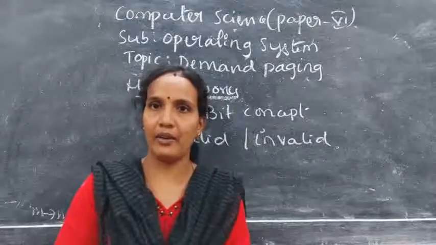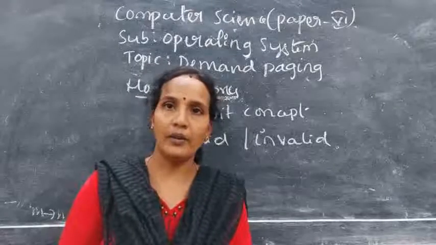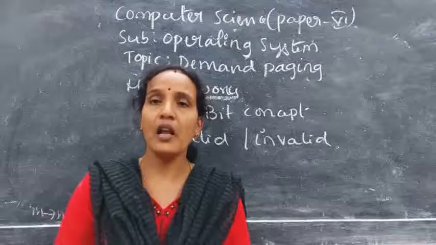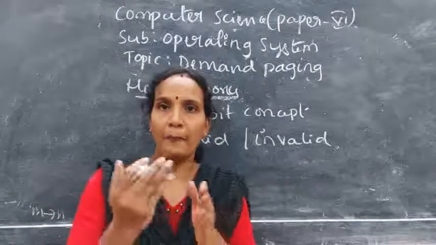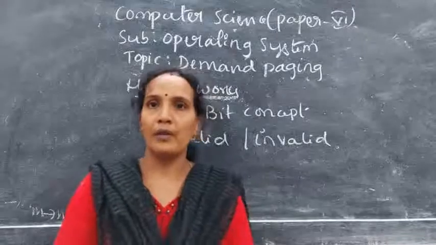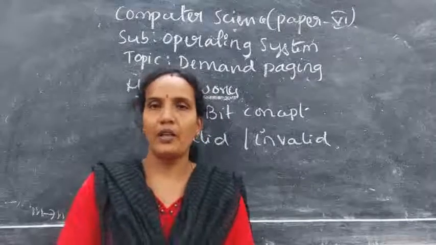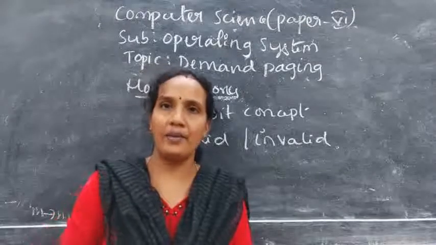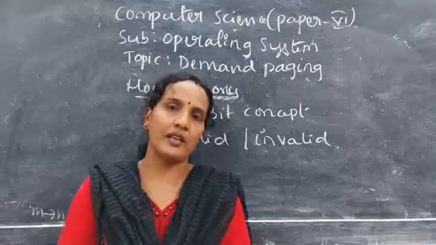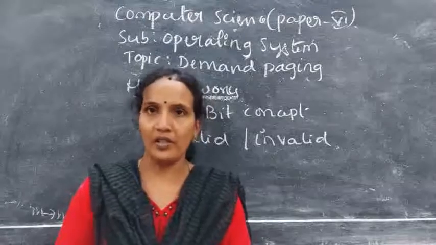Instead of invalid, it gives the valid value. Understood? When it transfers the page into the main memory, it automatically updates the page table, and after updating, control is taken back by the operating system.